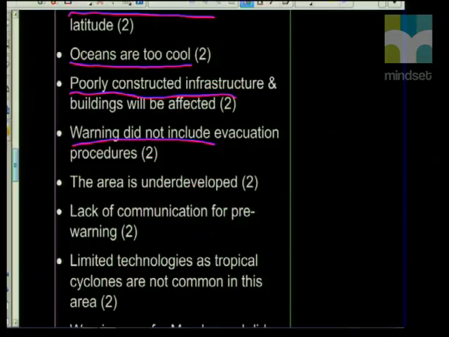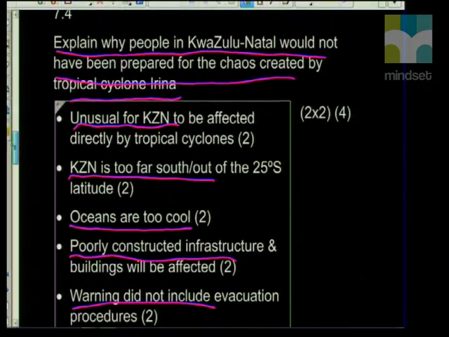That doesn't mean it's of bad quality, but it's not built to cater for these tropical cyclones. Our warning systems and evacuation procedures are not put into place. Why should we spend millions when we don't have such big tropical cyclones hitting us? Communications, lack of technology. There are various reasons. If you gave any two of those reasons, it's 4 marks.